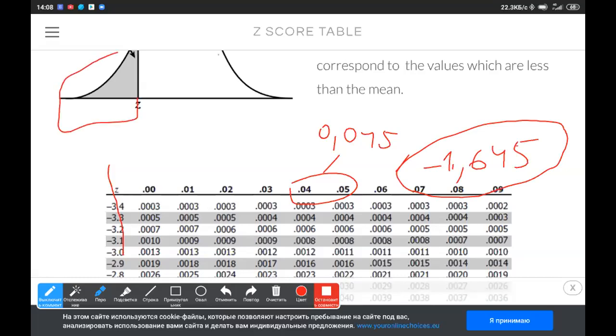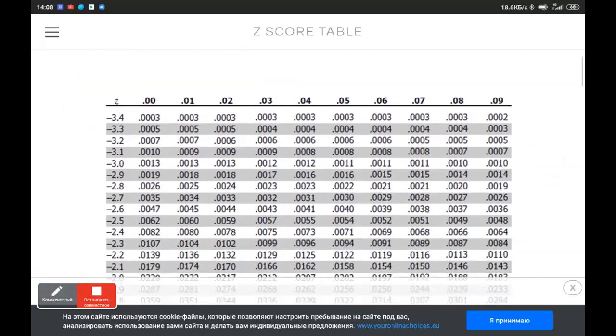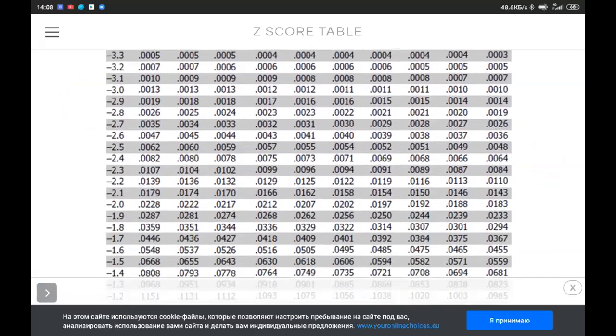If it was a two-tailed test, like this, then your critical value will be different. What you will need is, if you want two tails to contain 5% significance, then one tail will contain 2.5% significance. And if I look for 2.5% here in the table, it's here.